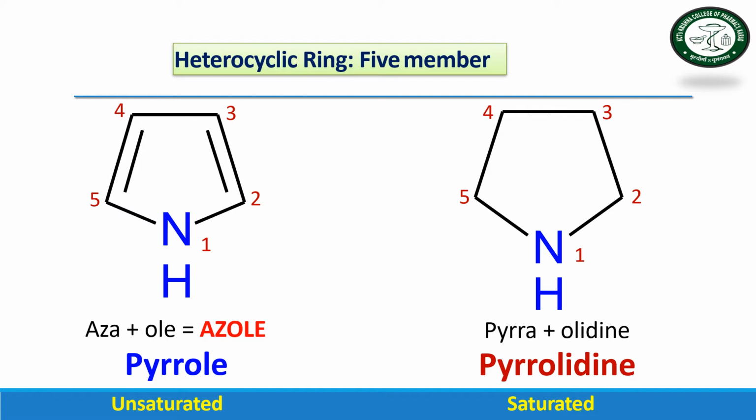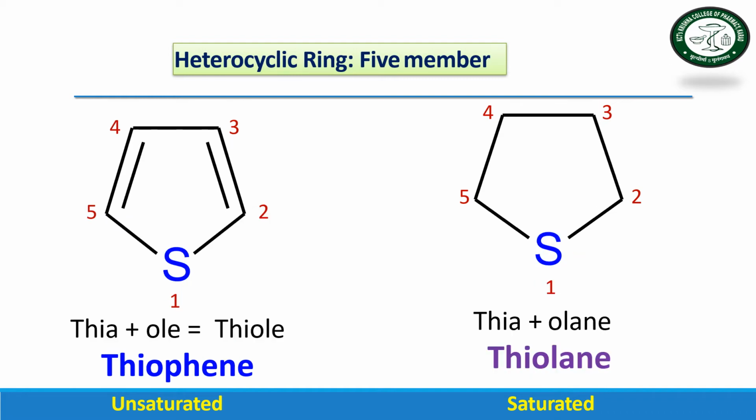First remember the nature of the ring, that is saturated or unsaturated, then the type of heterocyclic ring, like 6-membered or 5-membered ring, and then select the heteroatom present in that ring. These are the three important criteria during the nomenclature of the heterocyclic ring.